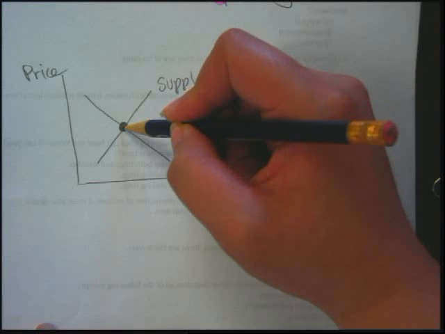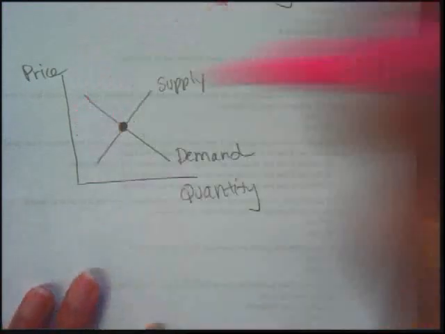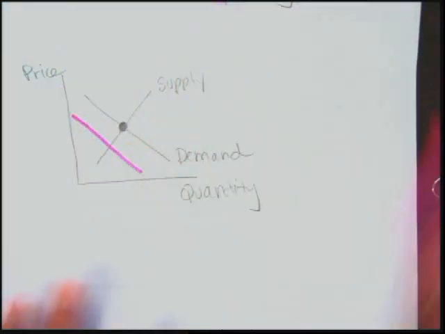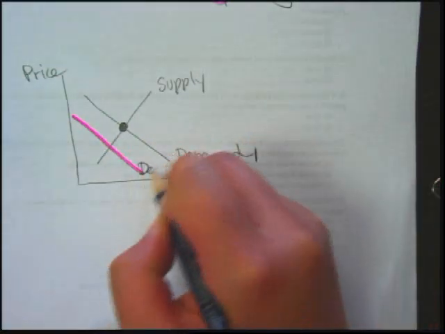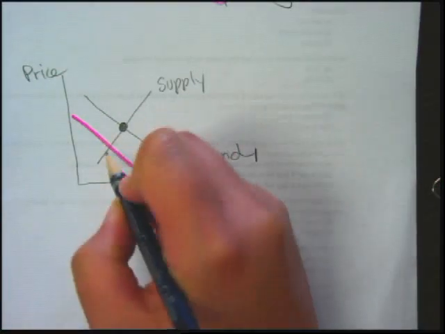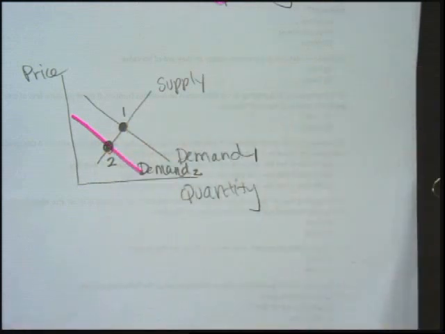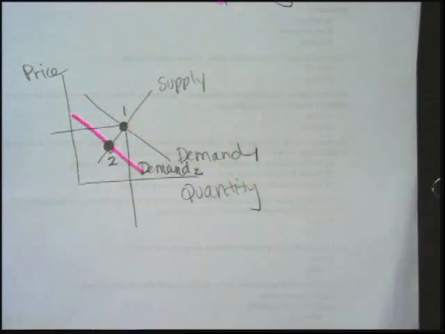Here's our first equilibrium. A decrease in demand makes it shift to the left. You could have used a different color or a dotted line. We'll call this demand 1, demand 2. Here's our new equilibrium, first equilibrium, new equilibrium. Here's our original price, original quantity, new price, and new quantity.